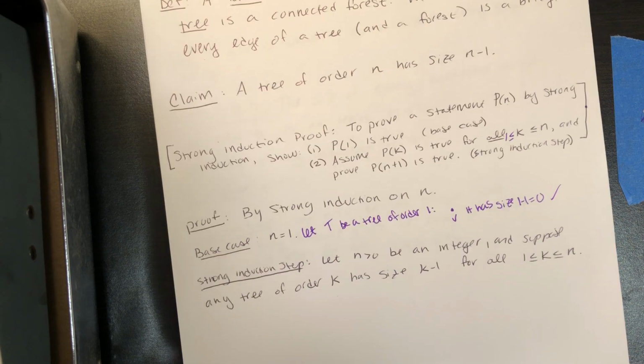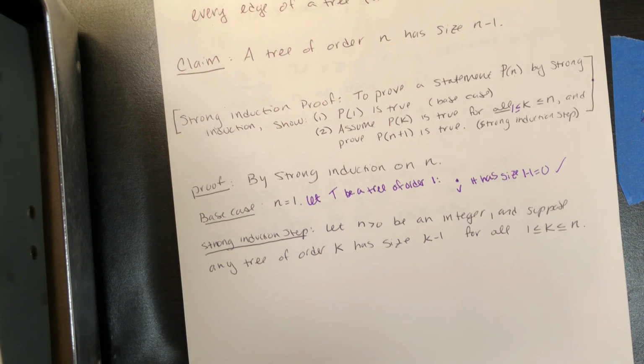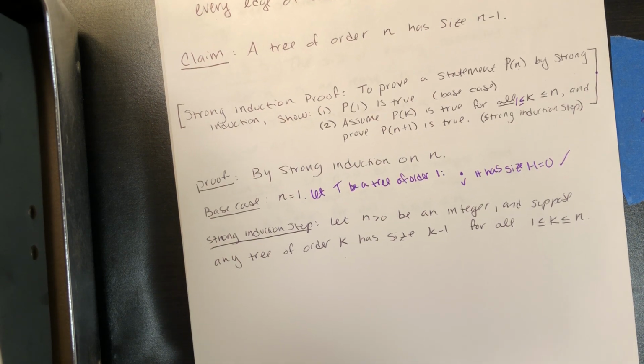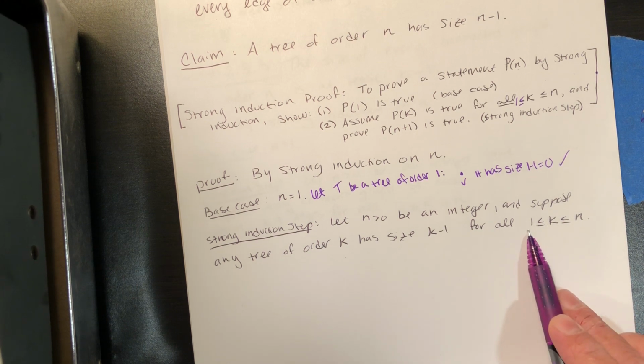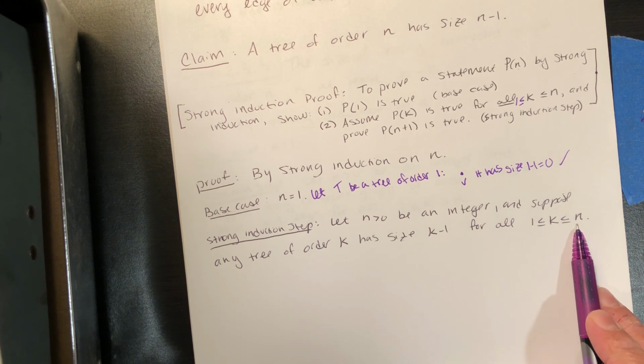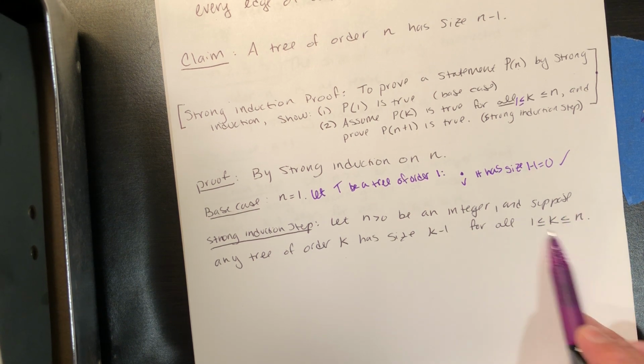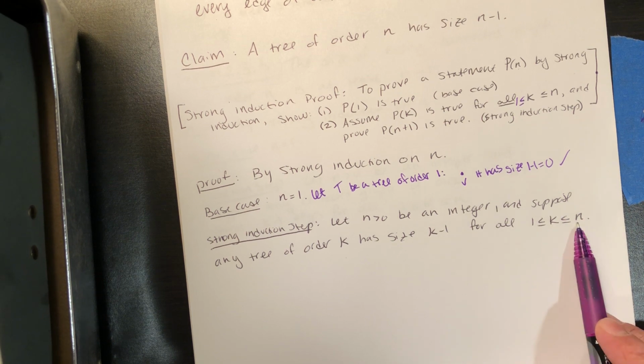Okay, the base case is usually the easy step. The harder step is the strong induction step. So what we're going to do for the strong induction step is let n be some integer greater than 0, and suppose that any tree of order k has size k minus 1 for any k value between 1 and n. So we're assuming it's true for every possible k between 1 and n.